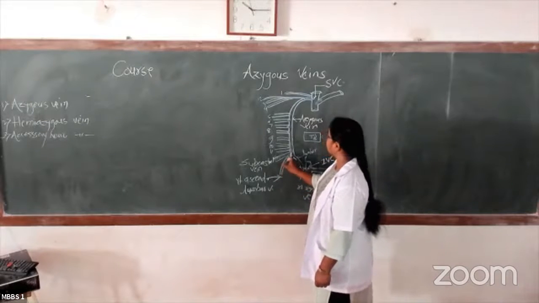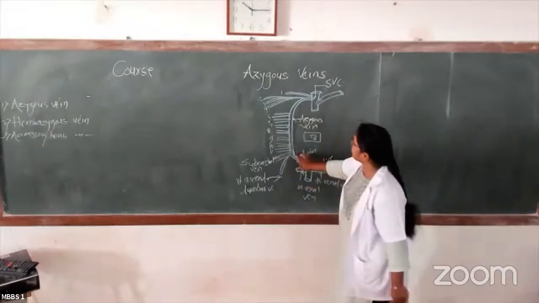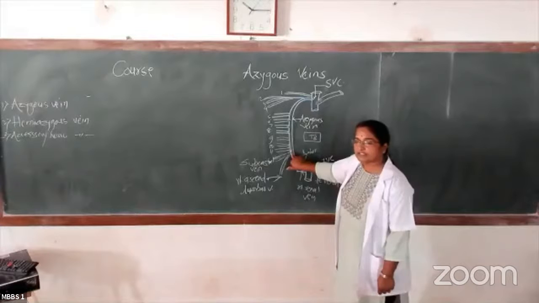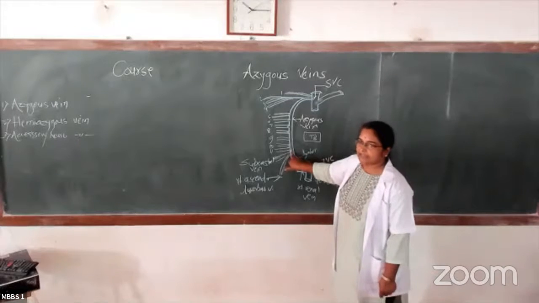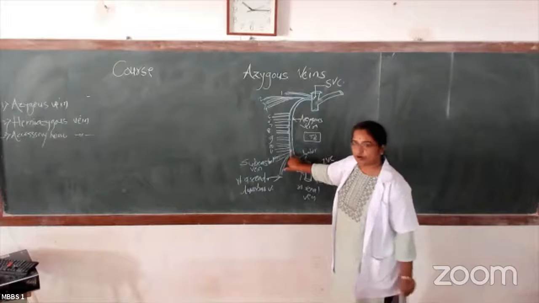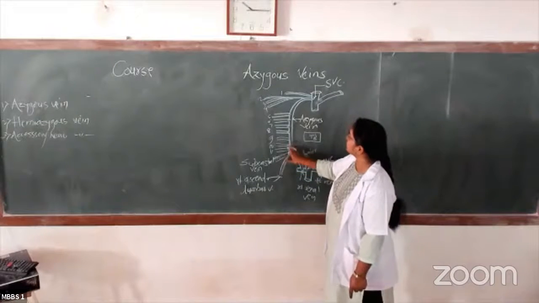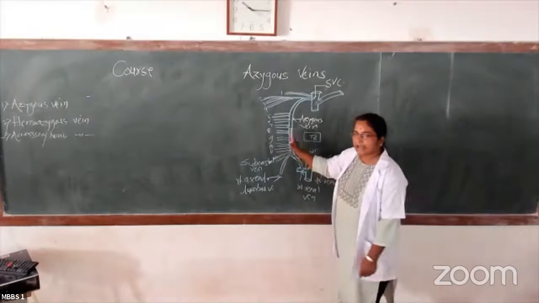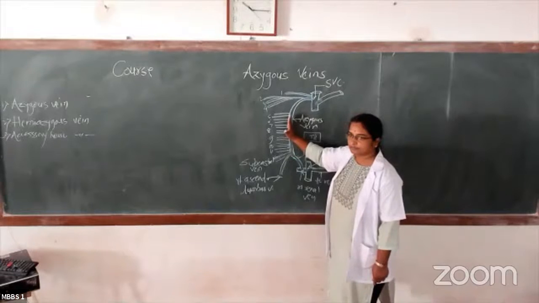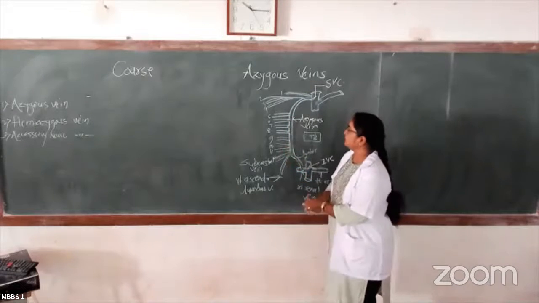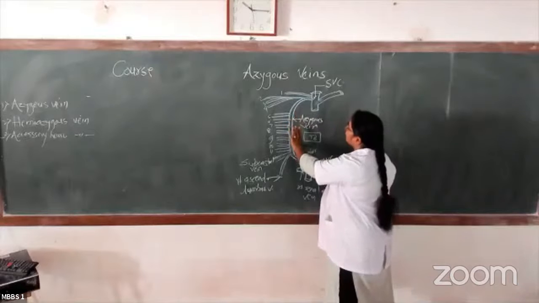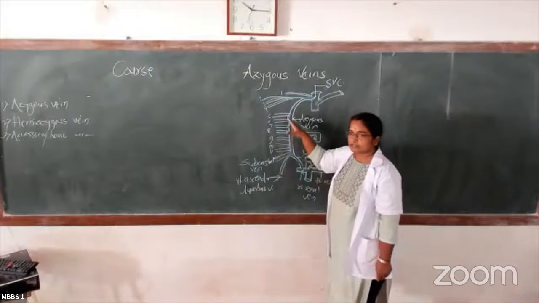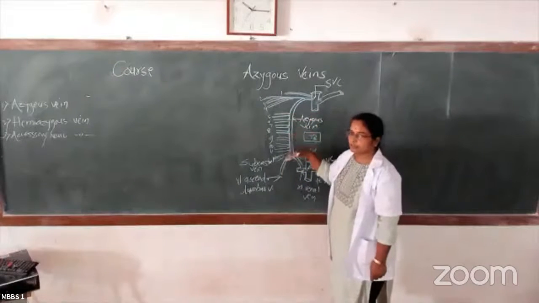Then it pierces the right crus of the diaphragm, or it may pass deep to it, or it may enter the thorax through the aortic opening, and then it ascends in the thorax on the right side of the vertebral column. Here the course of the azygous vein is along the lower 8 thoracic vertebrae. So it is present on the right side of the vertebral column. These vertebrae are the lower 8 thoracic vertebrae.